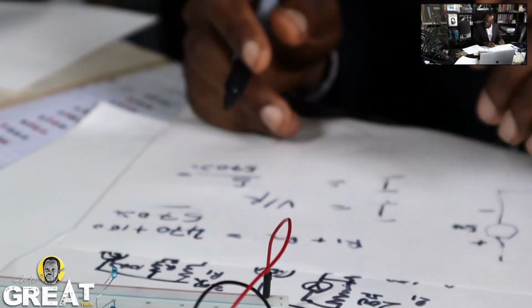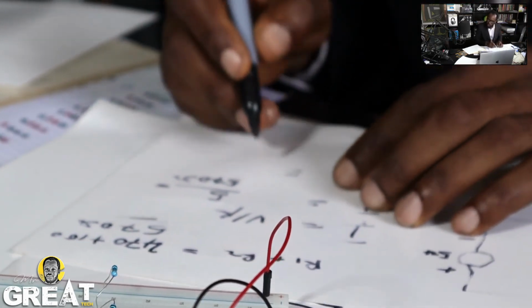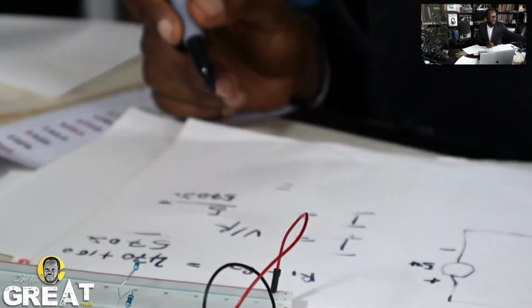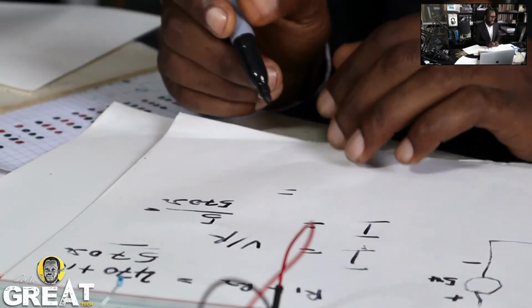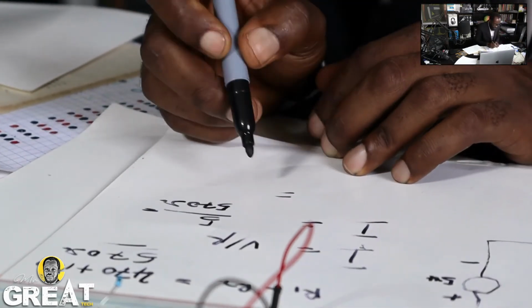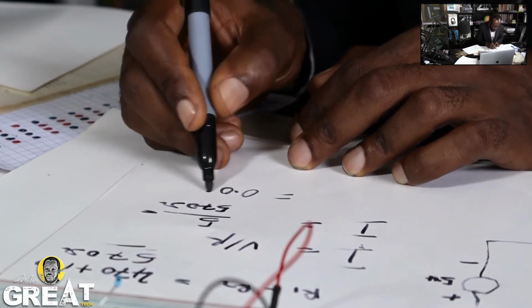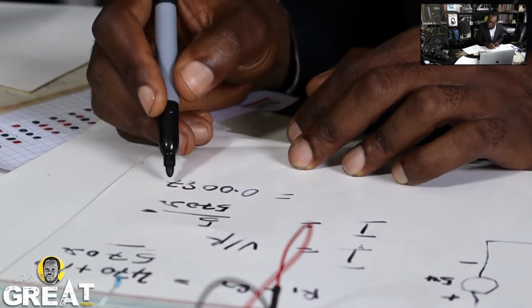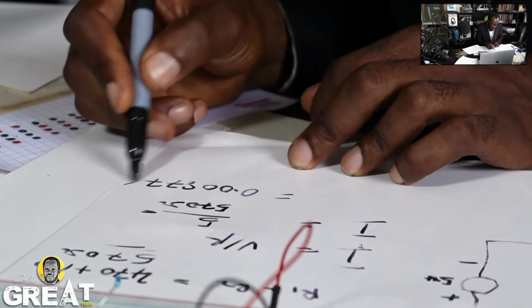So 5 over 570 will give you 0.00877. Okay, that is in amps.